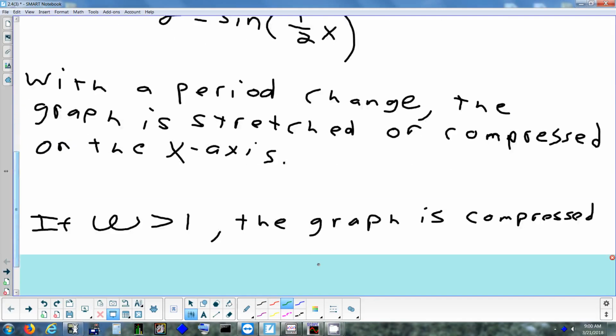So if the number in front of x is greater than 1, it will compress. How much? It'll compress by a factor of the number. If it's a 10, it's a compression 10 times as much. If it's 1,000, it would compress 1,000 times as much.